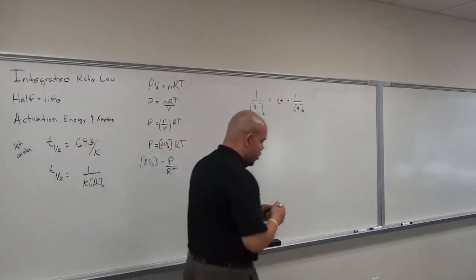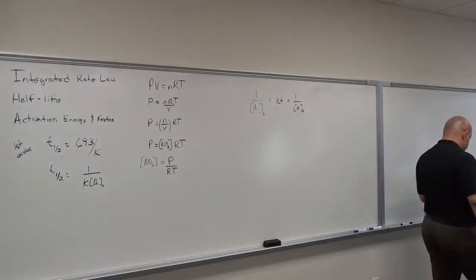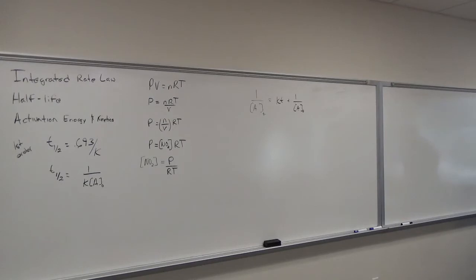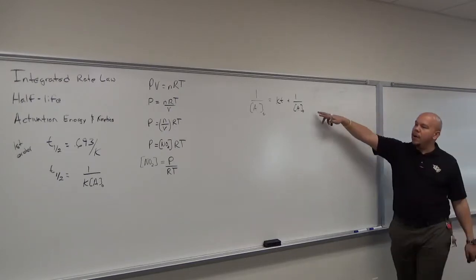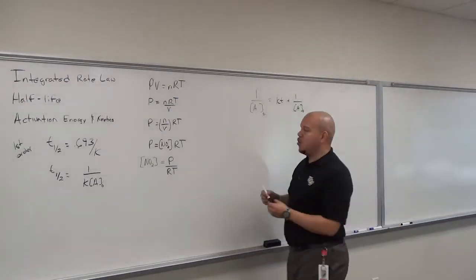Now, let's look at our question. Our question asks us to determine T, what amount of reaction time would have to pass for a change in pressure of a gaseous reactant. So we're still dealing with the second order reaction, but we've been given pressure.